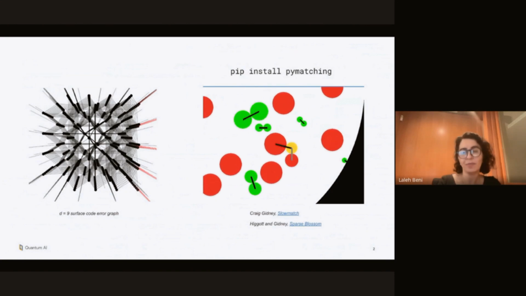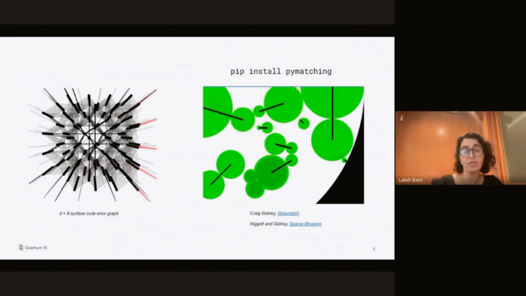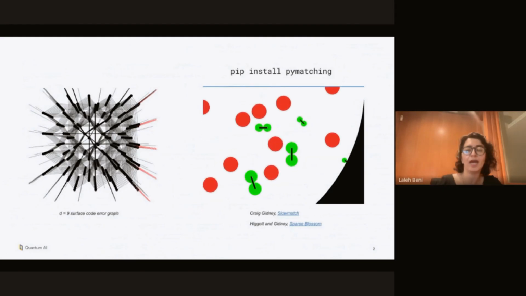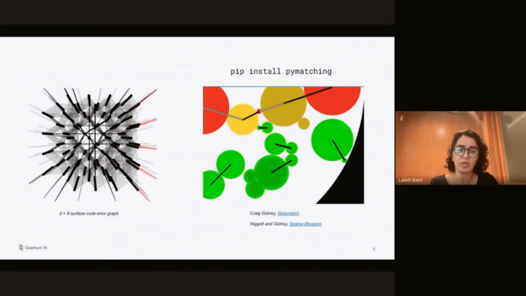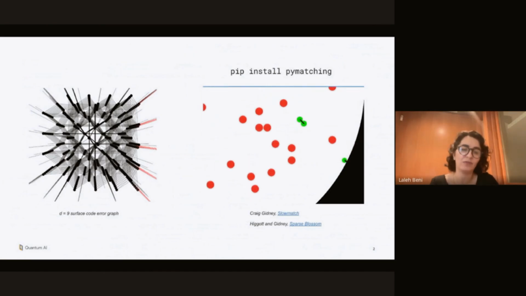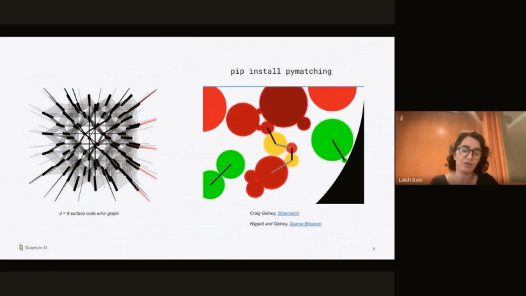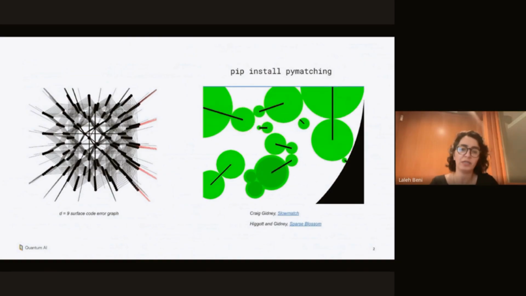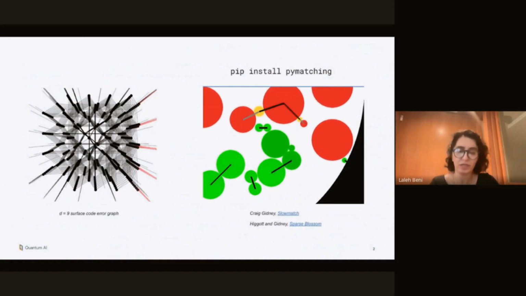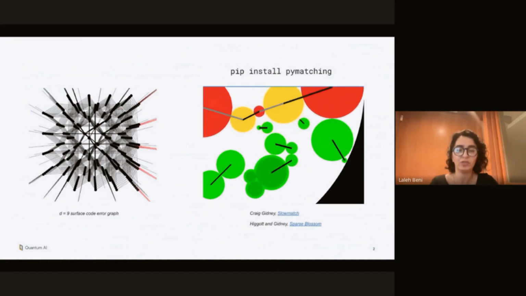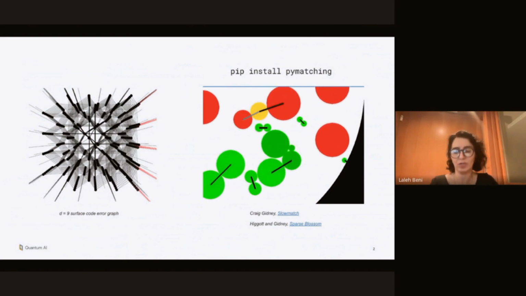And this algorithm does a really, really good job when we don't have hyperedges, or at least we don't have undecomposable hyperedges. But when your Tanner graph has complicated hyperedges, the Blossom algorithm is not able to do a very good job at decoding.